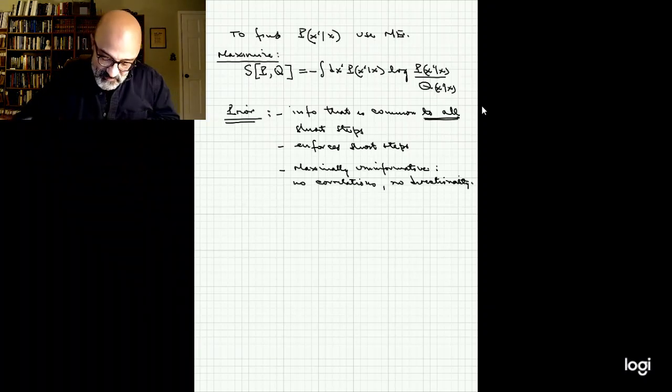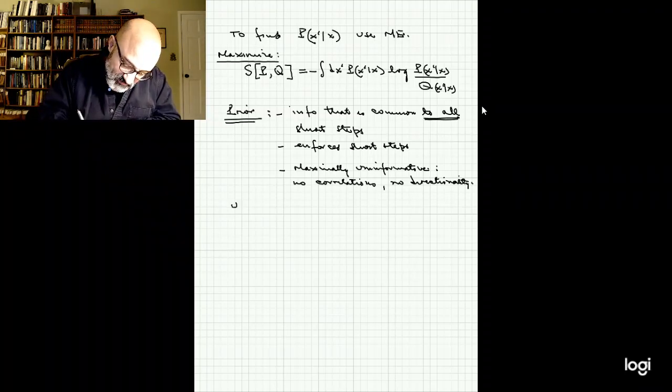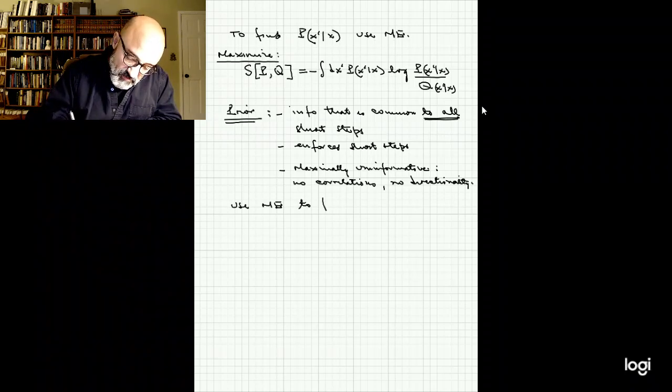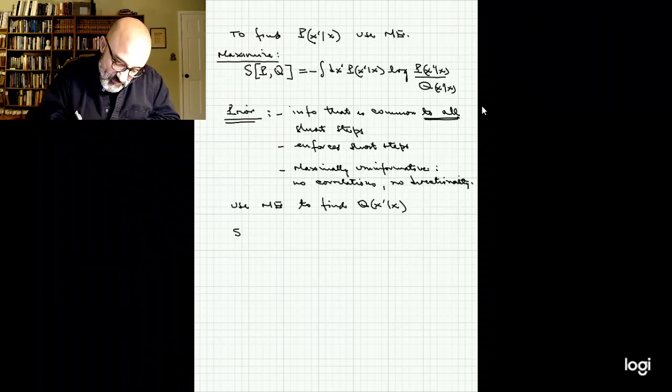We're going to use maximum entropy itself to find Q, the probability that the system of n particles jumps from x to x prime. And so we're going to do an entropy relative to some underlying measure.